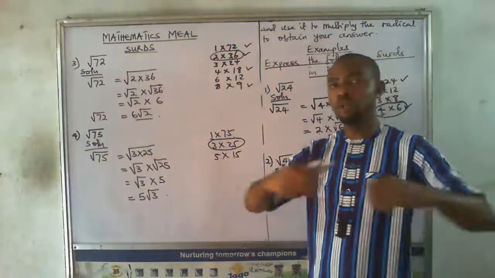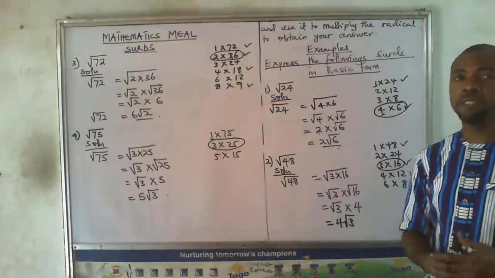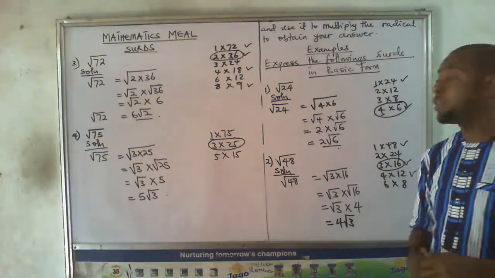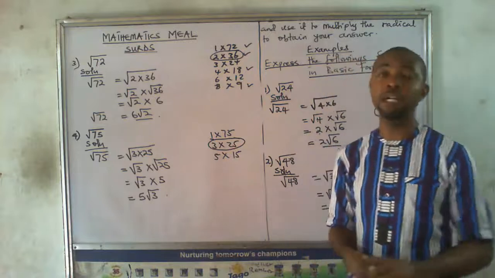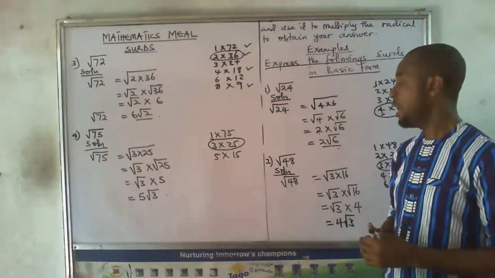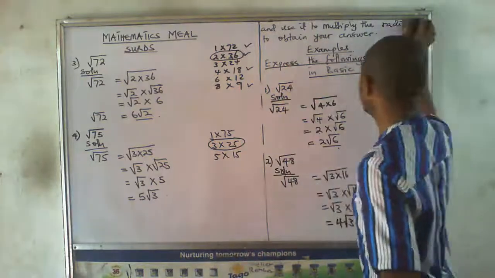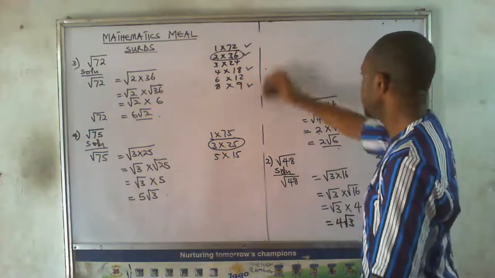When we do that, we split the numbers using multiplication, then find the square root of the perfect square, and then use the square root of the perfect square to multiply the remaining radical, and then boom, we have our answer.